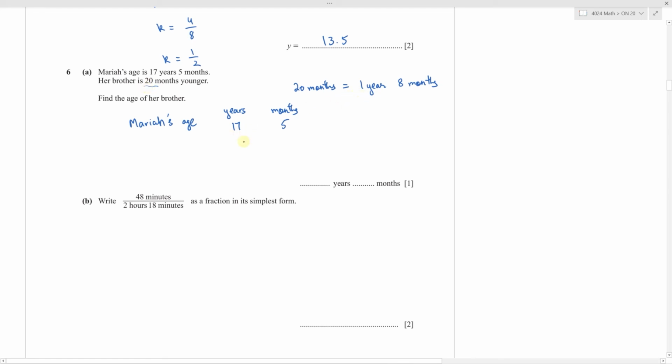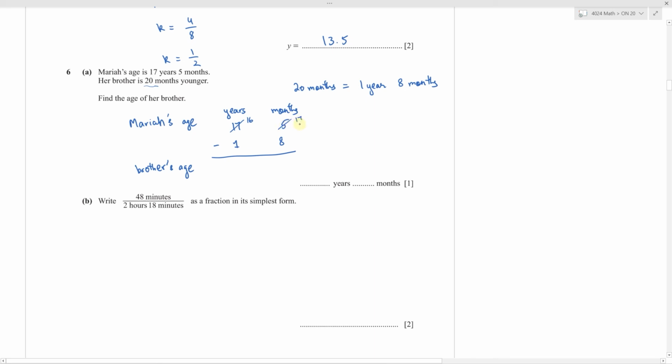So you have to subtract 1 year and 8 months to get the brother's age. Since 8 is greater than 5, that means we have to carry 1 from here. So if I carry 1 here to the months section, this will be left with 16, and this will become 12 plus 5, 17. Since you are carrying a year to months, 1 year is how much? 12 months, and you have 5 already here, so 12 plus 5 is 17.